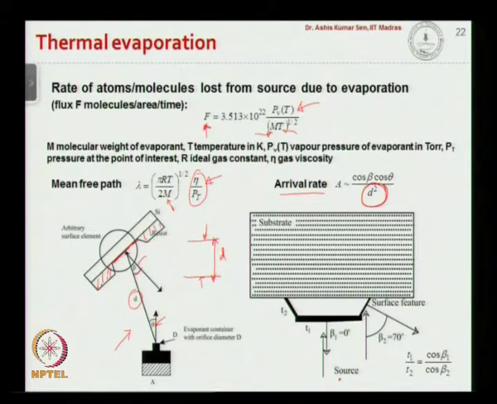Here you see the source is somewhere here, and the metal is directed towards the substrate in this way, and the surface has different topology. One surface is normal to the source, but it also has other surfaces which are at an angle.